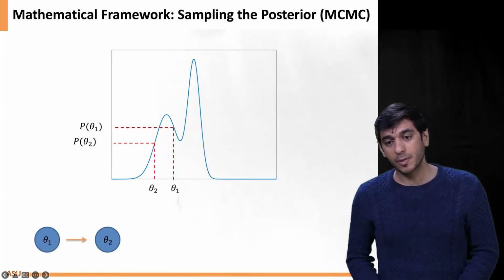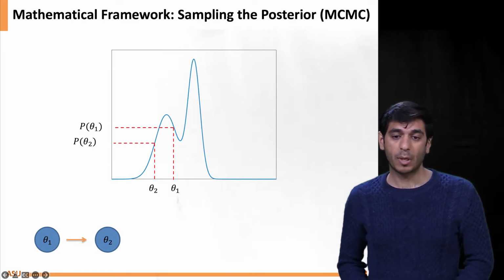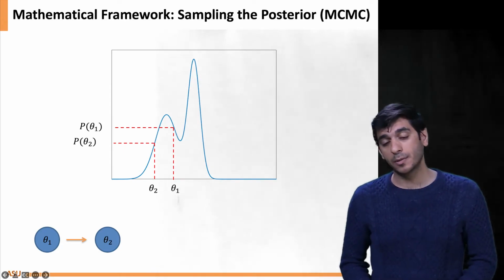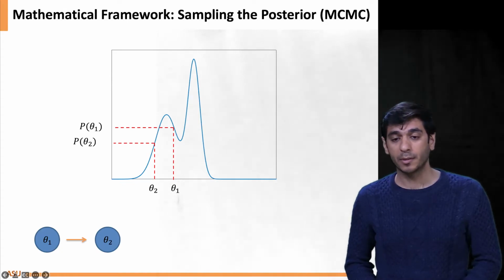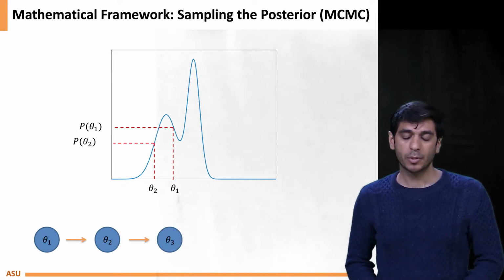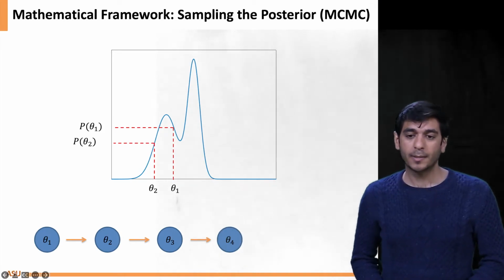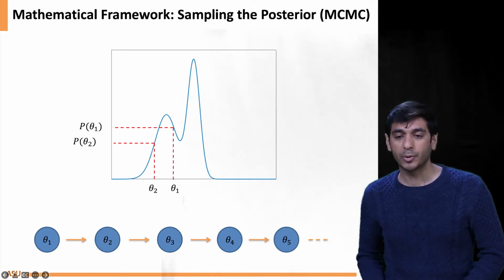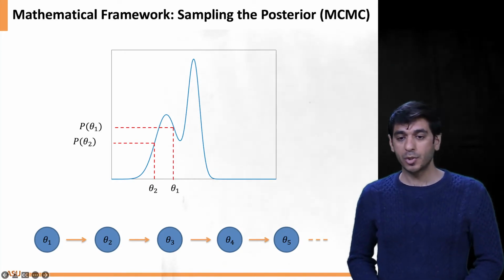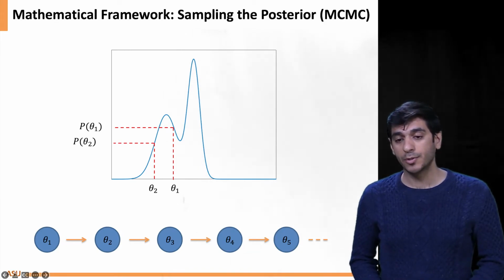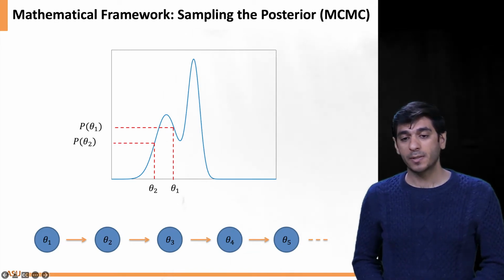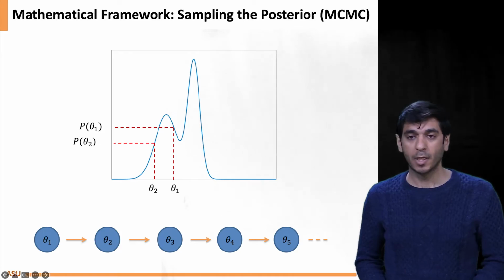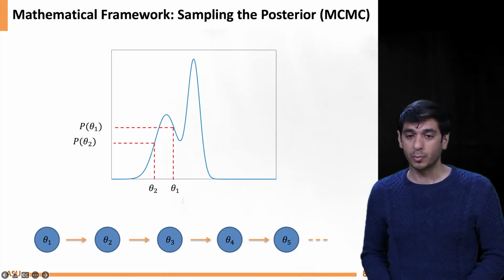I would accept this proposal with a probability given by the ratio of these two posteriors. Let's say I accept this proposal and I go to the second point, θ2. Then after that, I propose going to a third point, θ3, and so on. I go to θ4, θ5, and I just keep doing that. If I take enough samples, at the end, the distribution of these drawn numbers is going to be the same as the posterior distribution that I have, which I can use for subsequent numerical analysis.